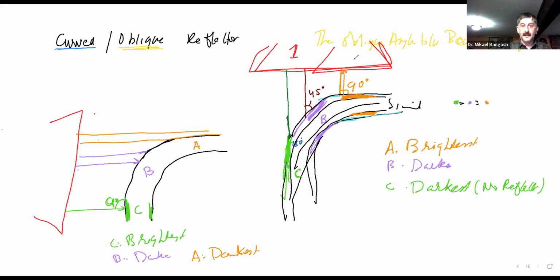So by maneuvering your transducer from position 1 to what we label as 3, what previously was darkest now became brightest, and what previously was brightest now became darkest.